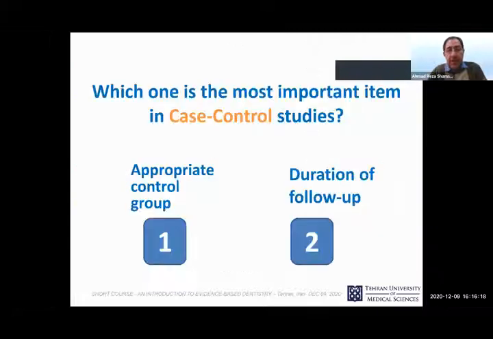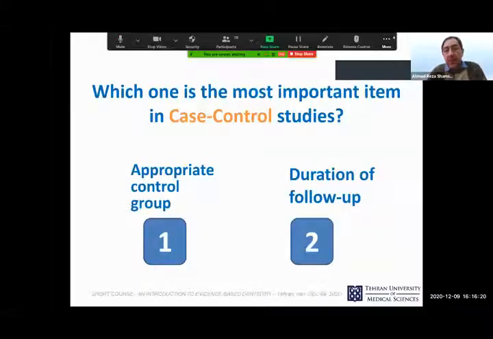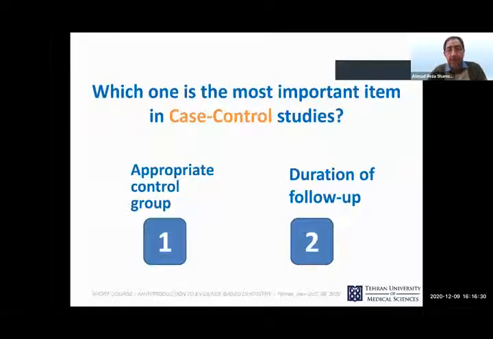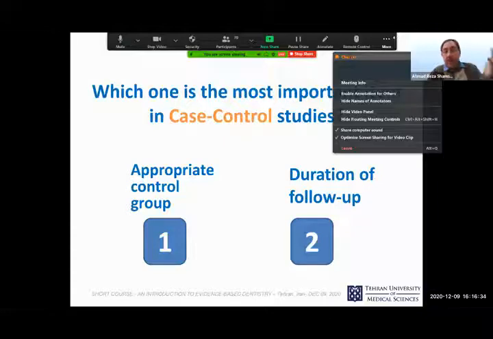So a question: which one is the most important item in case control studies? Appropriate control group or duration of follow-up? Of course, all of them are important, but which one is the most important?